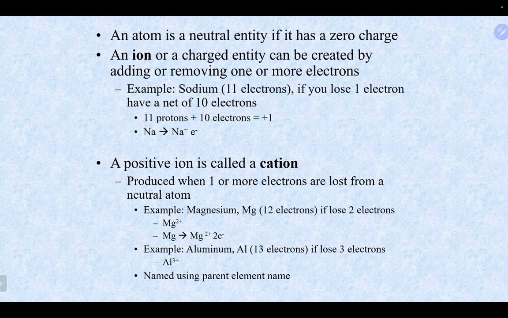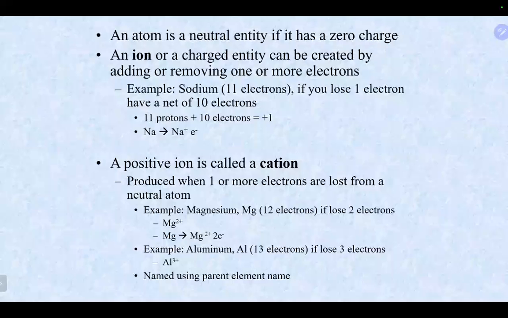So if we look at something like sodium with 11 electrons, because it has 11 protons, when it is neutral, if sodium loses 1 electron, which is typically what happens with sodium, it becomes sodium with a +1 charge.